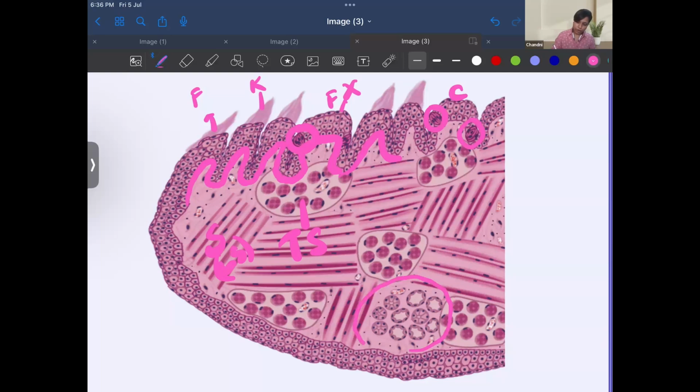Here you have a bunch of seromucous glands. This is the mucous gland. This is the serous gland. And then this is the epithelium, which continues down. No papilla here. This is the ventral surface, dorsal surface, right? Done.